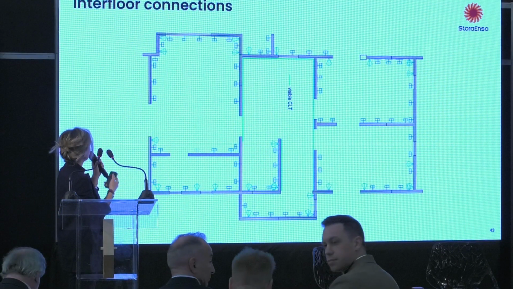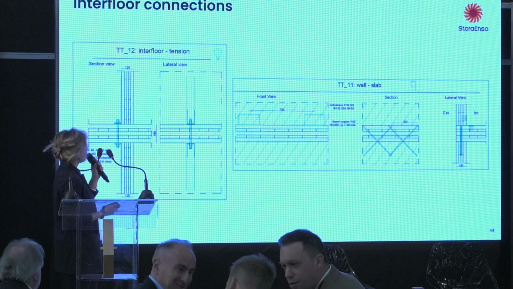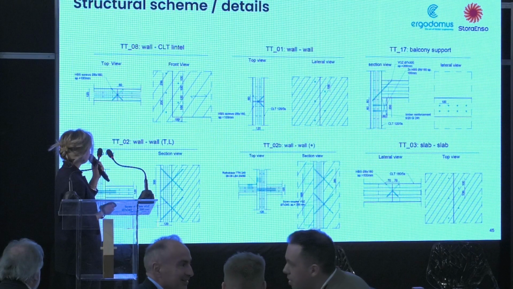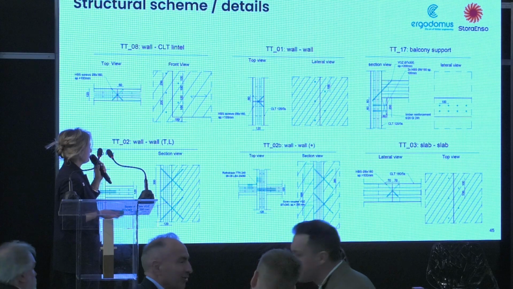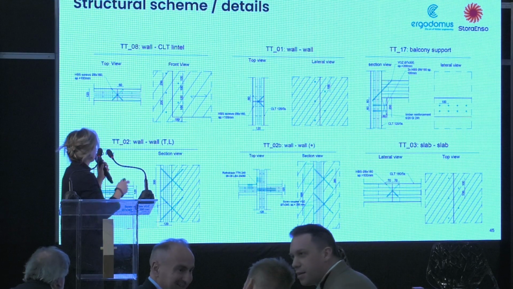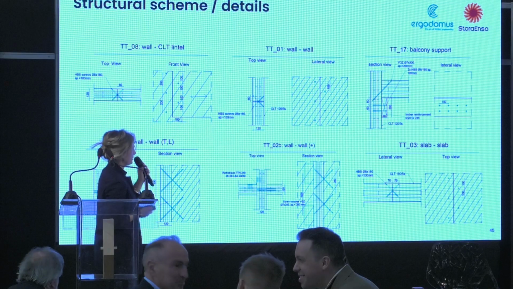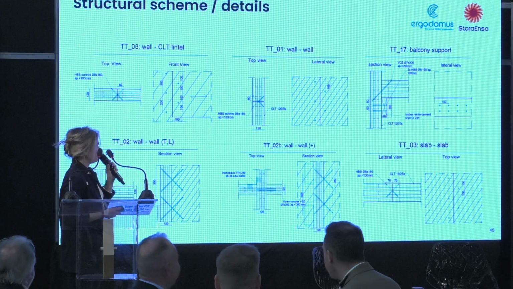The same for the interfloor plans. Again, this is the typology of connectors used. Here you can see a lot of structural details. So connection between CLT panels and the glulam.